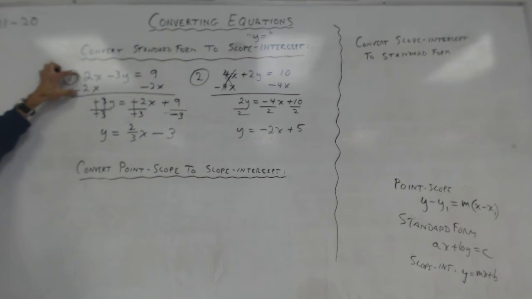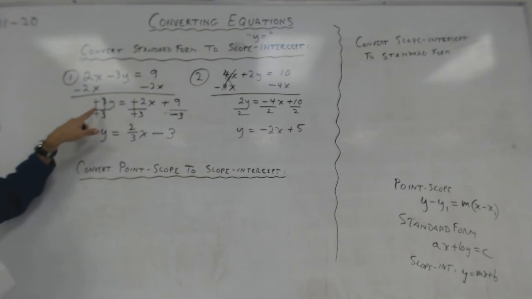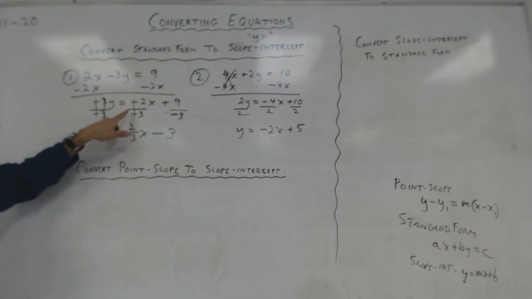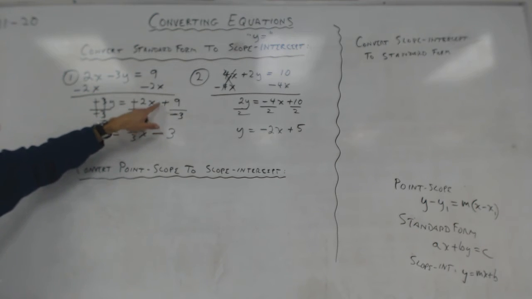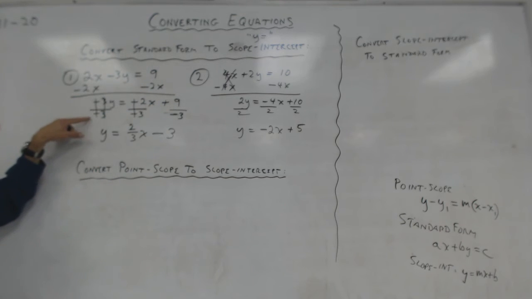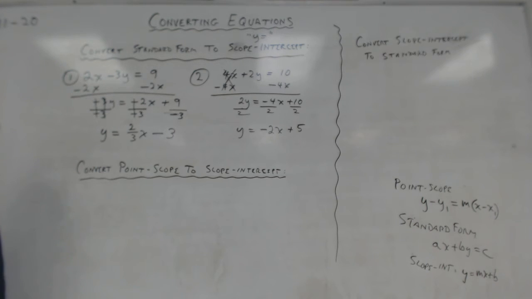I have negative 3y is equal to negative 2x plus the 9. And then I just divide everything by the number in front of the y to get y all by itself. It's pretty straightforward, right?